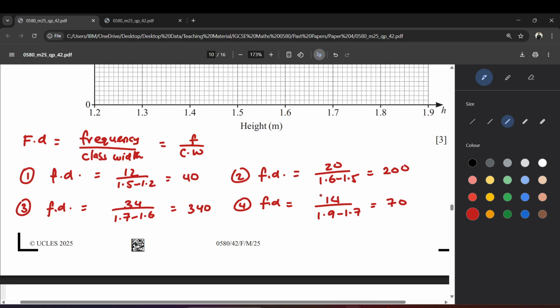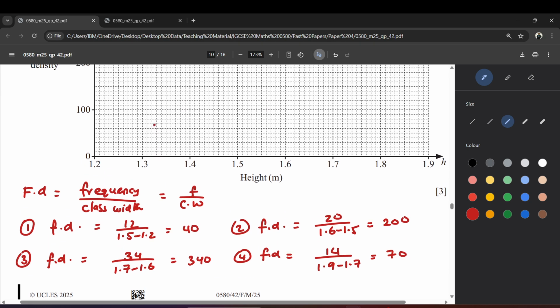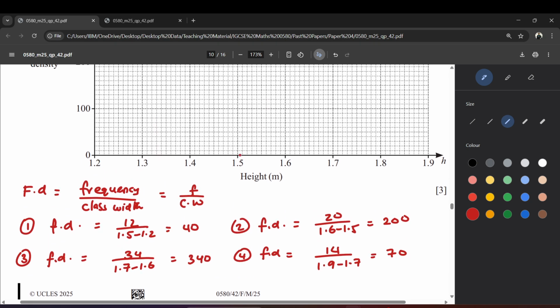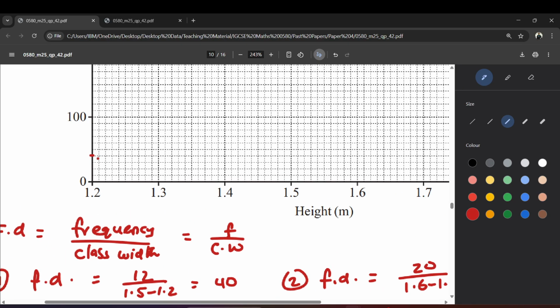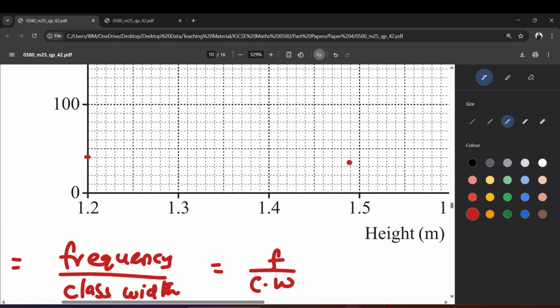Now we have the frequency density values. We know the intervals. The first one is 1.2 to 1.5 and the frequency density is 40. So let me mark 40 first. So 40 is over here and it should go all the way until this point.